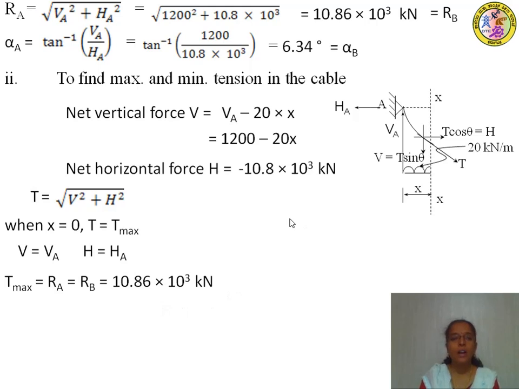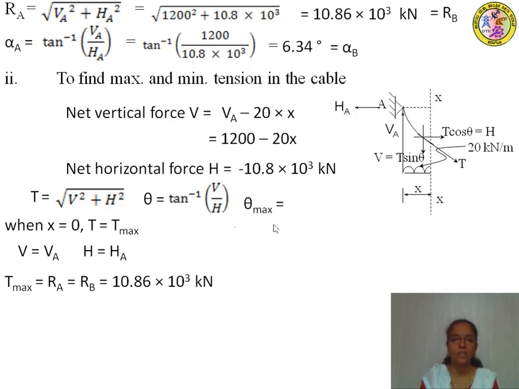The angle made by this T, tension in the cable, is given by theta is equal to tan inverse of V by H, net vertical force to net horizontal force. In this case, net vertical force is VA and net horizontal force is HA. Therefore, theta max will be equal to the inclination of the maximum tension with respect to horizontal.